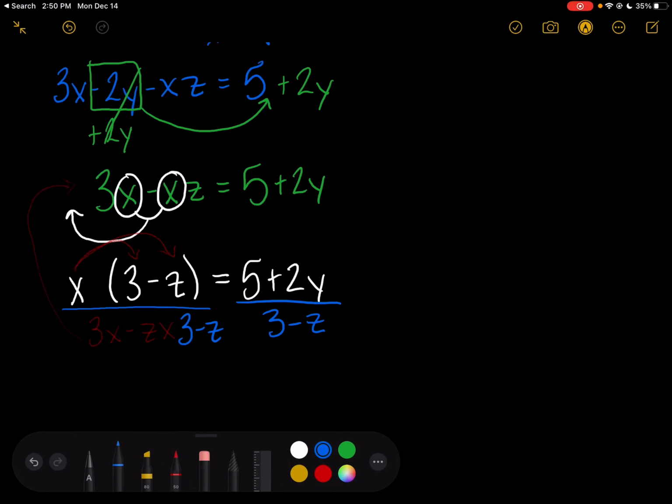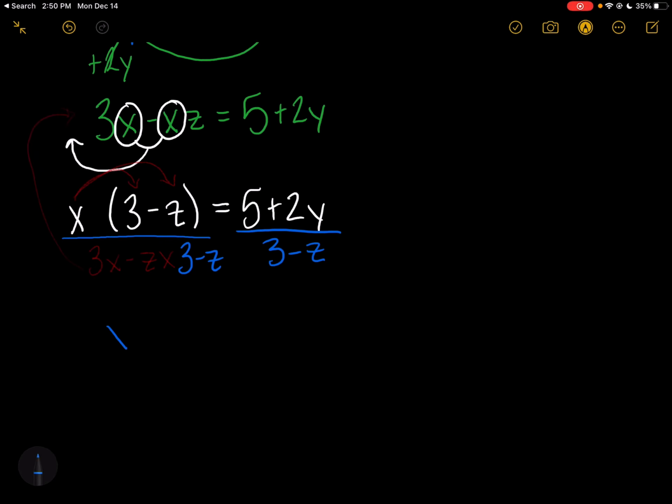So my final answer is x, because those canceled with each other, is equal to, and I'm just going to leave this as one big fraction, 5 plus 2y divided by 3 minus z. Like I said, that one's a little bit trickier because you have that undoing of the distributive property, but overall that's all you're doing.